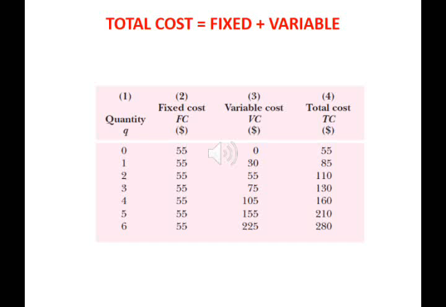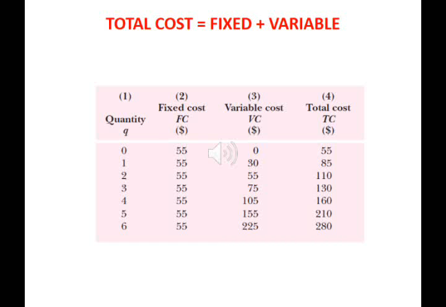So when Q equals 0, the total cost is equal to 55 fixed cost plus 0 variable cost, which is 55. At a level of output produced 1, the total cost will be 55 plus 30, which is 85. Okay, at a level of output 2, the total cost will be 55 plus 55, which is 110.